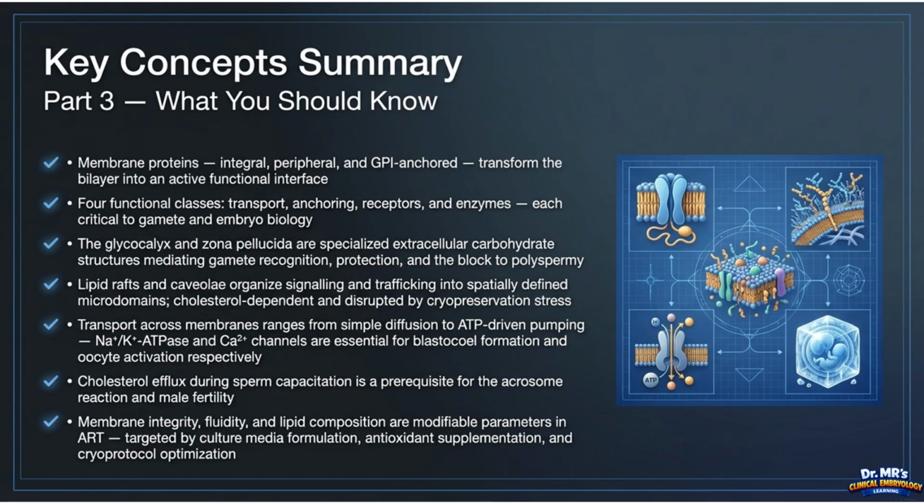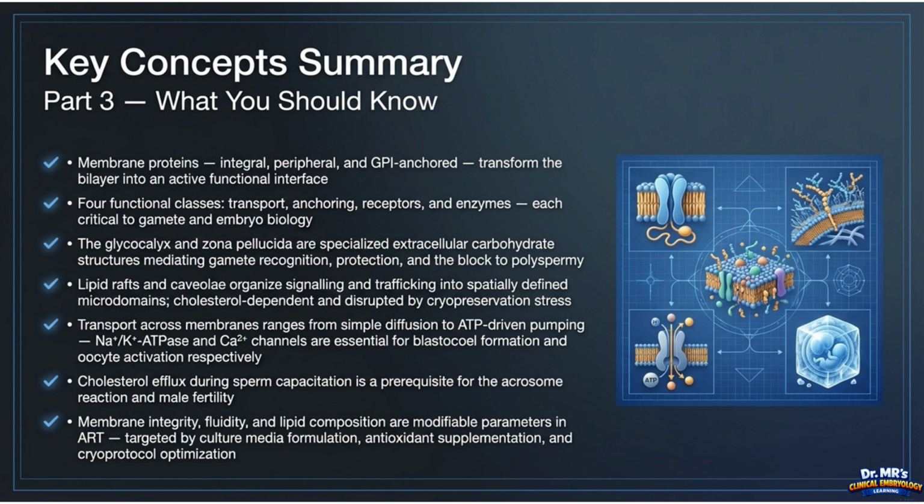Membrane proteins transform the lipid bilayer from a passive barrier into an active functional interface. The three structural classes, integral proteins embedded in the hydrophobic core, peripheral proteins associated with the surface, and glycosyl phosphatidylinositol-anchored proteins tethered to the outer leaflet, each have distinct interaction modes with the bilayer that determine their function and regulation.